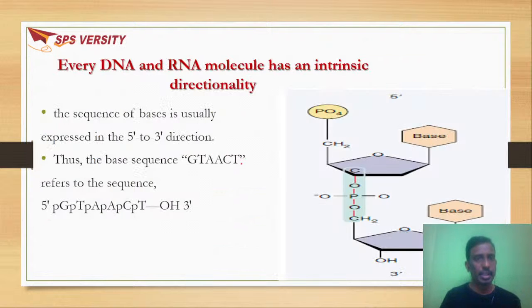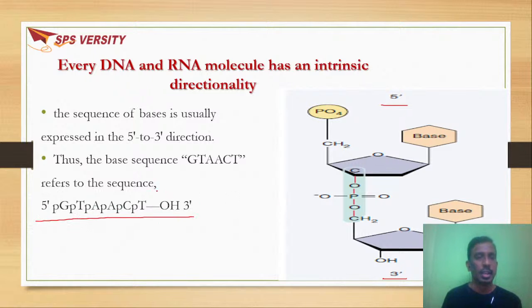Every DNA and RNA molecule has a direction. That is, it is called 5' to 3'. Any direction you take is represented by 5'. One end is called 5', another is called 3'. While writing the sequence, you will write it like this.